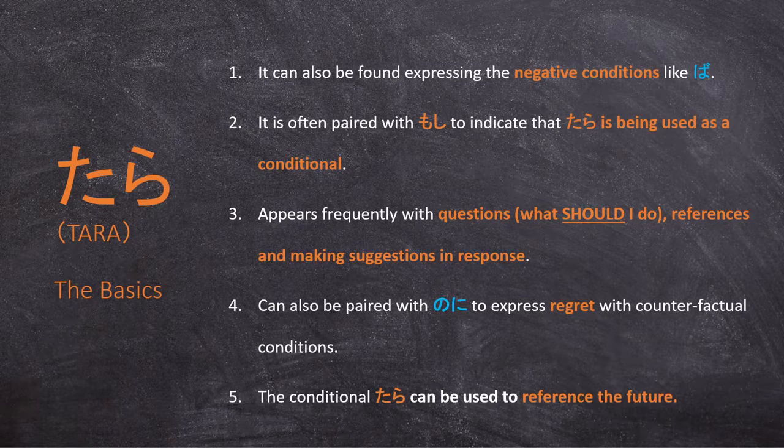Another thing that is, in my opinion, not so frequent is that tara can express regret when paired with noni. So this is the list of the most important things that you need to know about tara when you are beginning to study it. And I urge you to review this section of the video before proceeding further into the examples and the formation process.